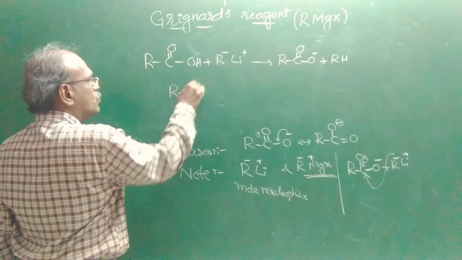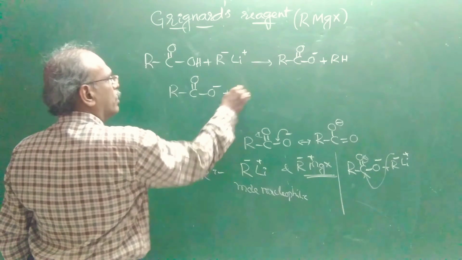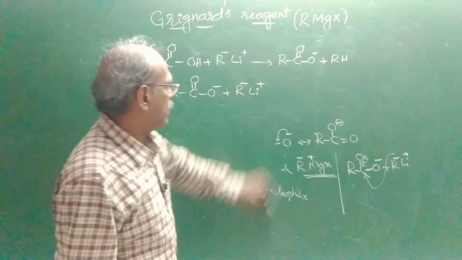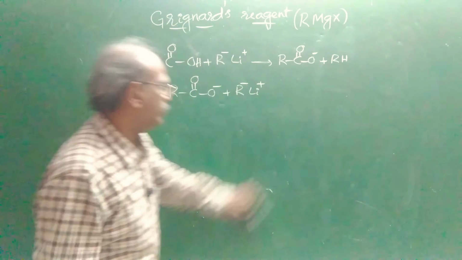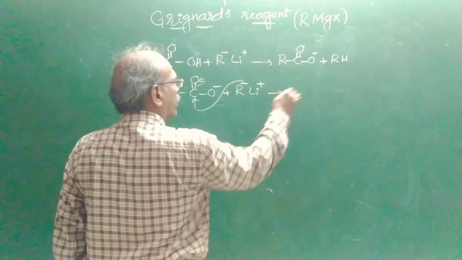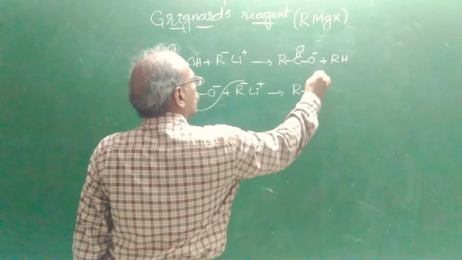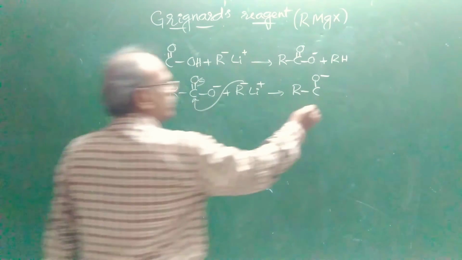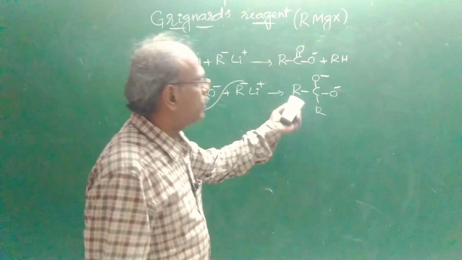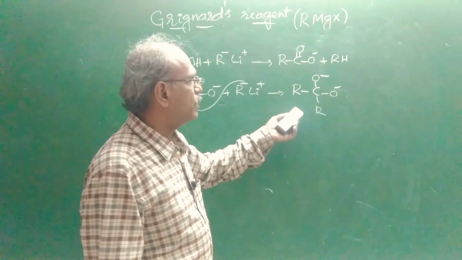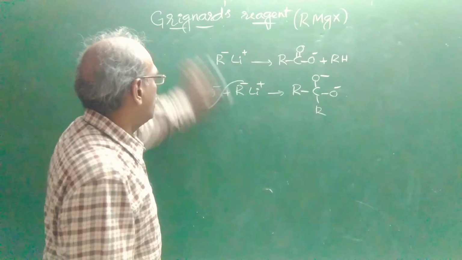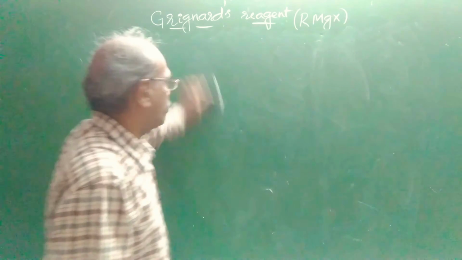Now that RCOO minus, if another mole of alkyl lithium is present, can attack, and you get R–C(O minus)2–R. Thereafter acidification is the later step. So this is about alkyl lithium.